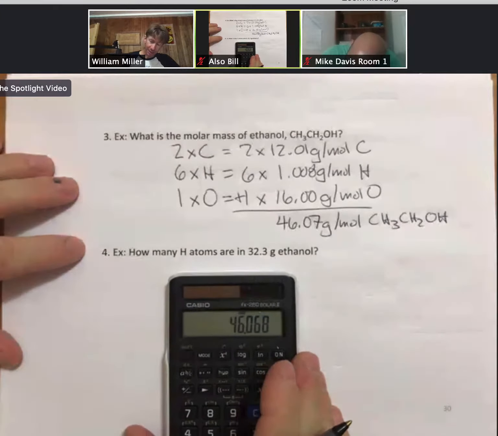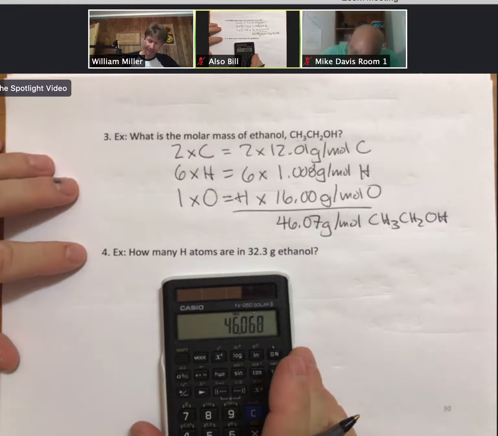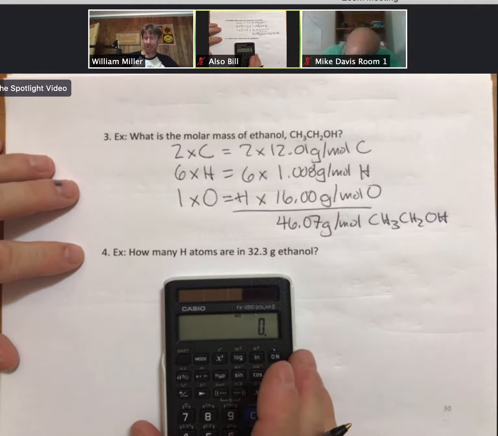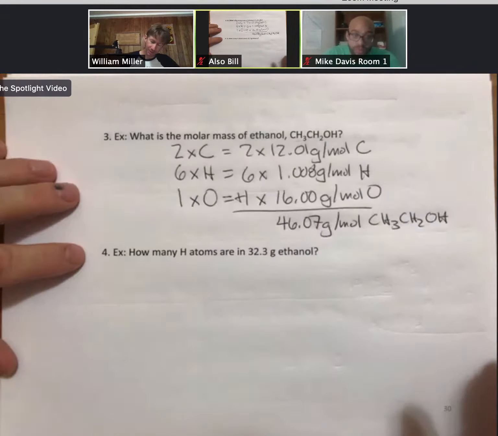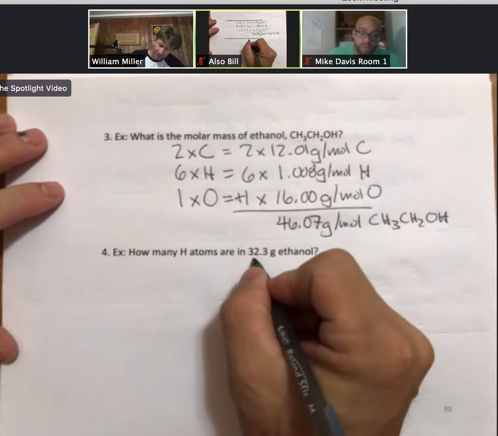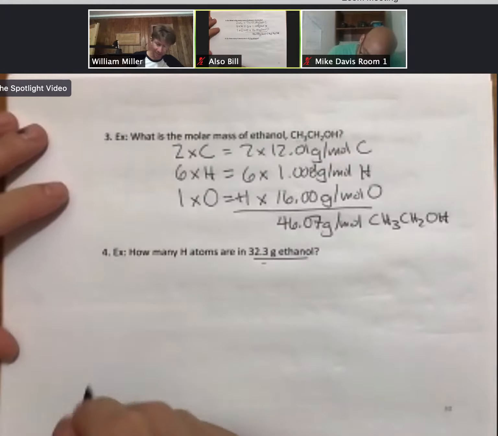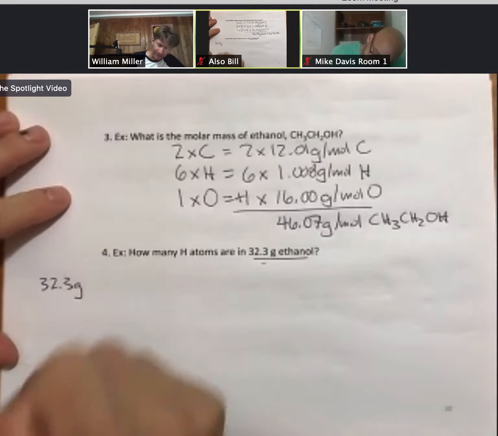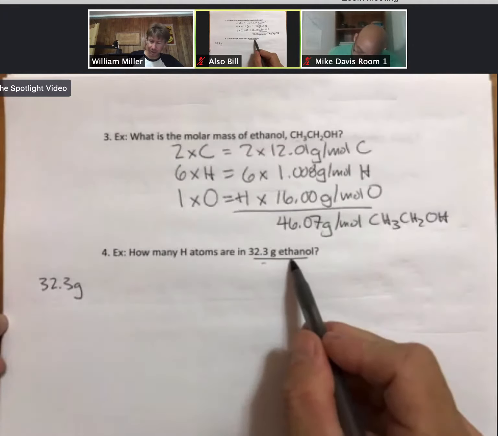Now we will work the next problem. The next problem says how many hydrogen atoms are in 32.3 grams of ethanol. You will see this type of question on the homework, so let's definitely do it. We have our given, which is the number in our problem statement, and ethanol.